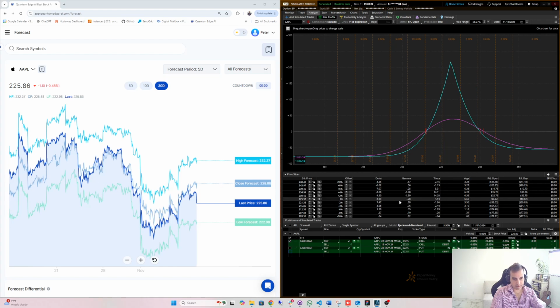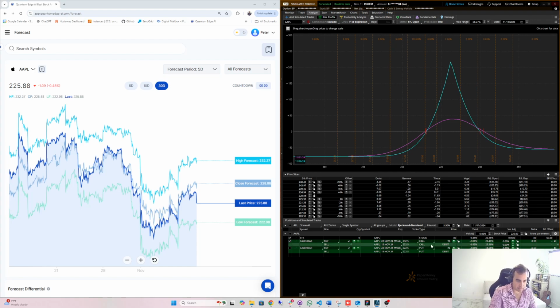Maybe not exactly $30, so it's not going to be 2%, but let's say it goes back to 228.88. So you've netted the theta decay of a day, let's say, that you've been in the position for 24 hours. You've netted the 11.63 theta decay, and you've also hit this close forecast location, and you're also positive in the delta.